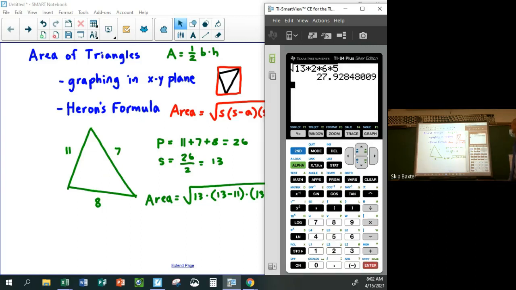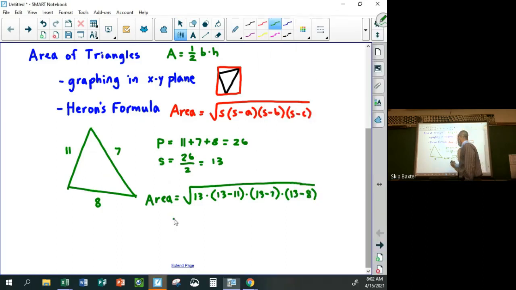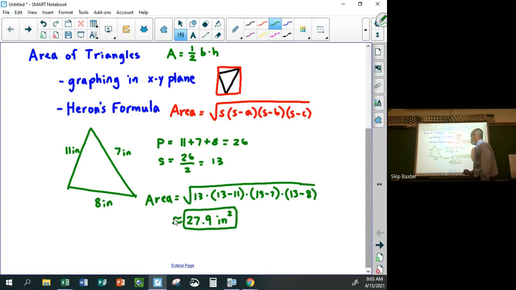It ends up being 27.928, and they'll tell you to round it to whatever. So if it was to the nearest tenth, this would be 27.9 units squared. So if these were all inches, remember in any of these problems, the units are squared. You're calculating area. Okay.